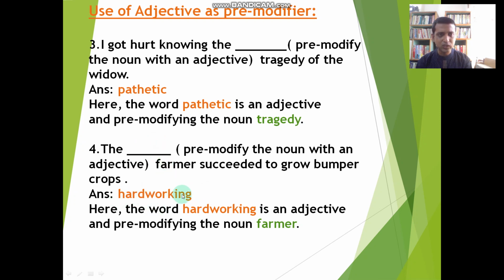If we take the word hardworking for that gap, I think the sentence completes its meaning. Here, hardworking is an adjective and premodifying the noun farmer. It means the head word farmer is being premodified with hardworking. I think this is very clear to all of you.